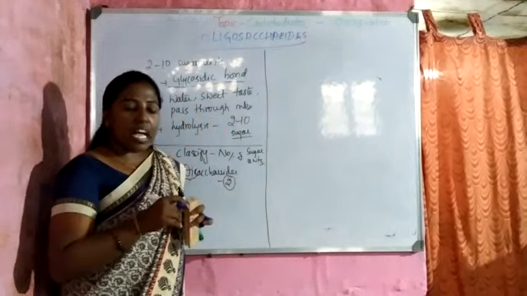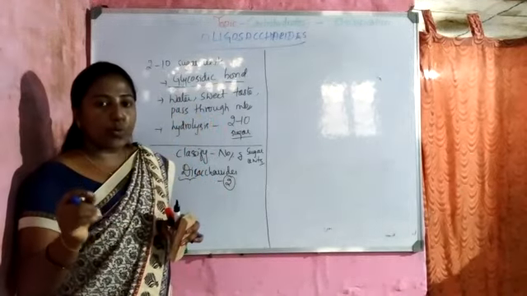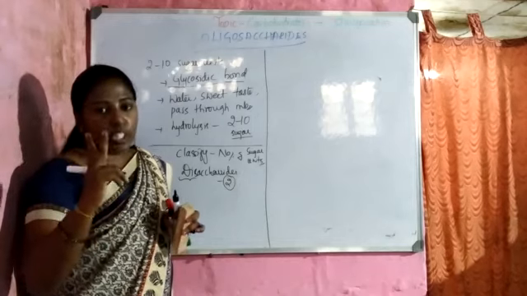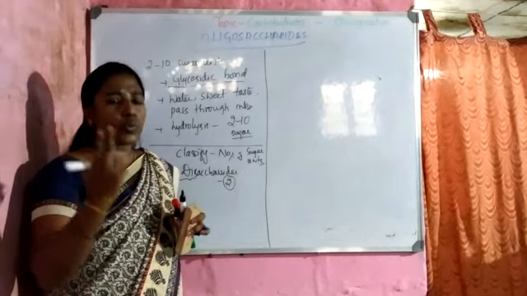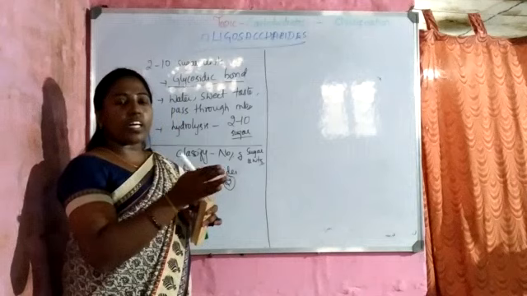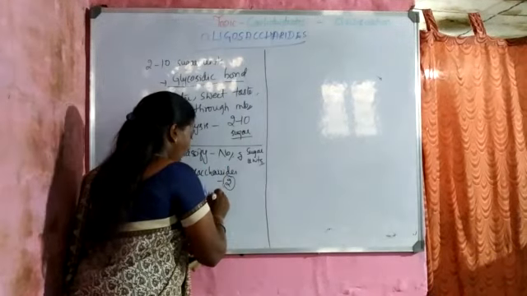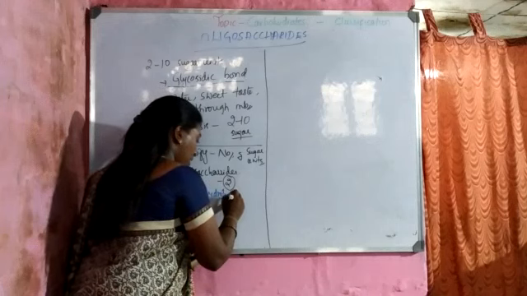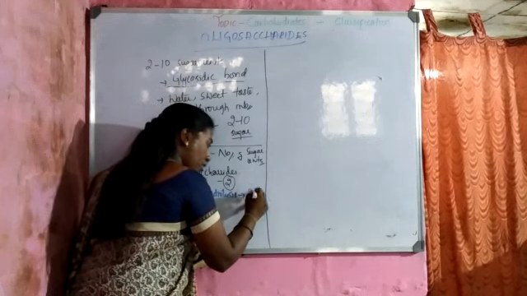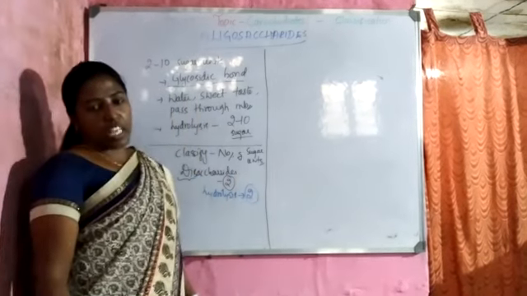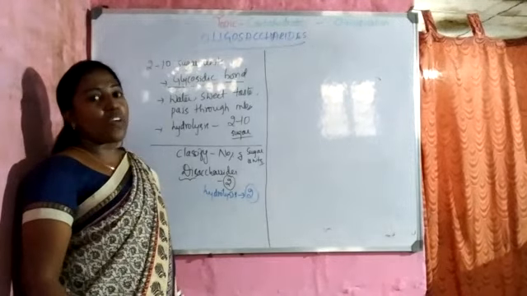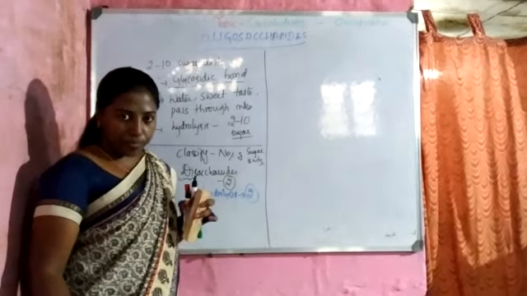On hydrolysis, a disaccharide produces 2 sugar units. As it is made up of only 2 sugar units, when it is broken it produces 2 sugar units. On hydrolysis, how many sugar units are formed? 2 sugar units in case of disaccharides.